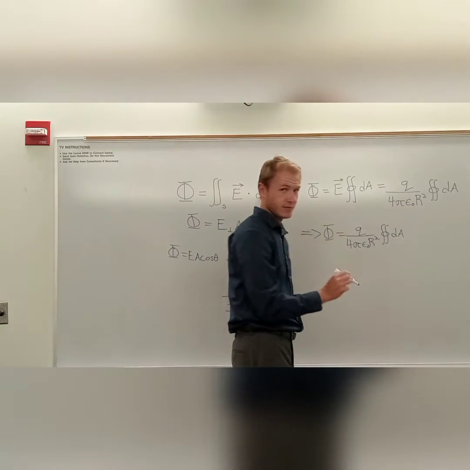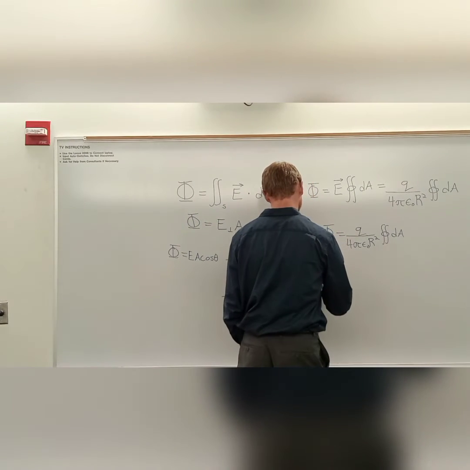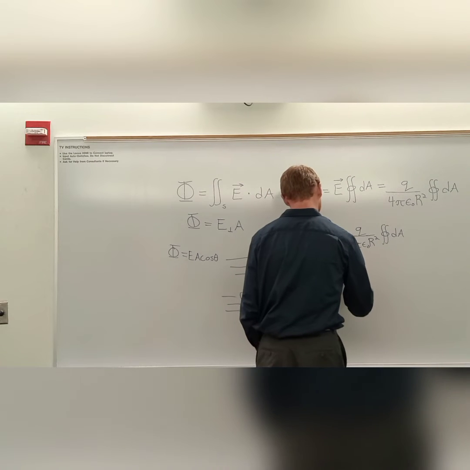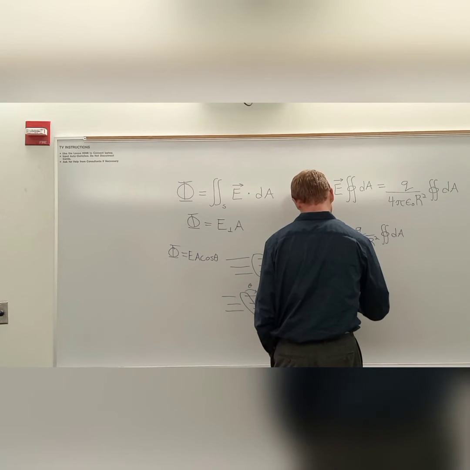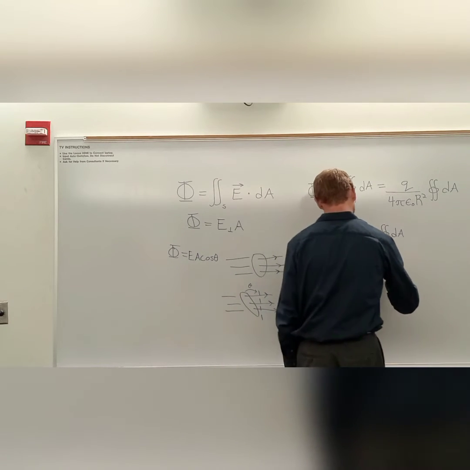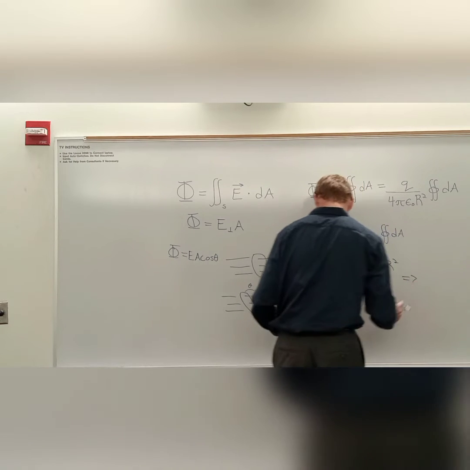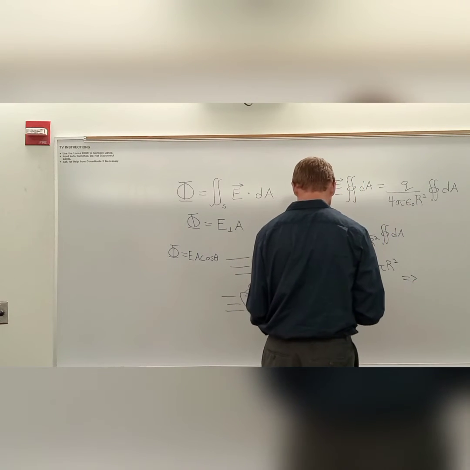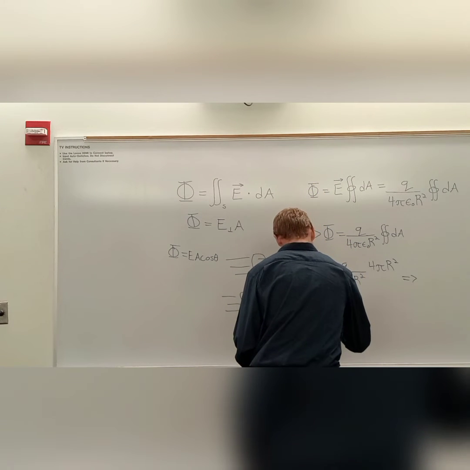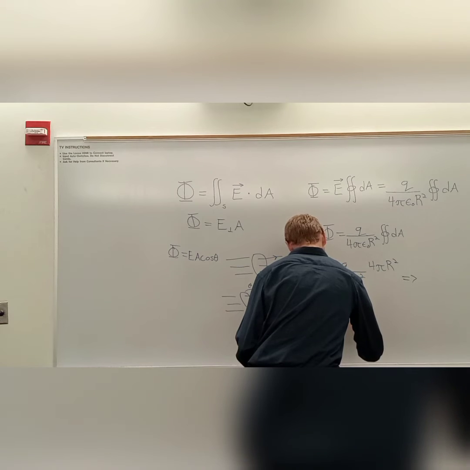And the area of a sphere is 4 pi r squared. So we can plug that into this expression. 4 pi epsilon naught r squared times 4 pi r squared. We reduce, and we're left with the flux given as Q over epsilon naught.